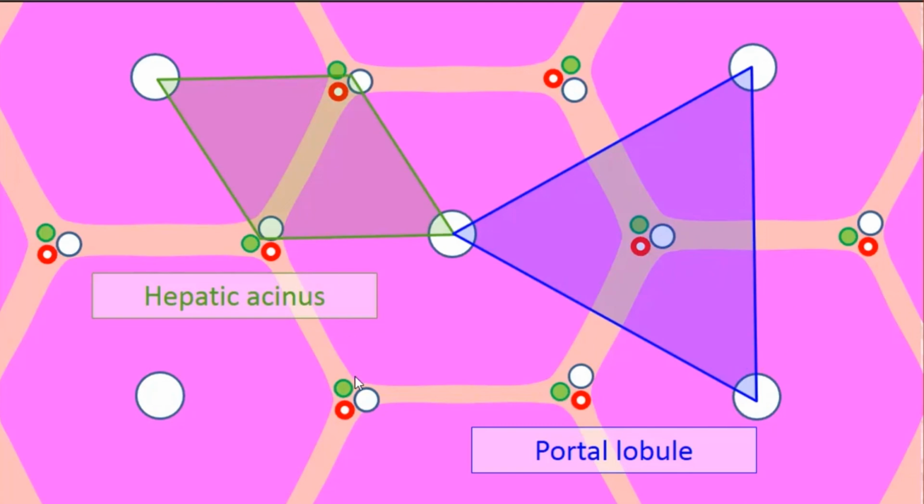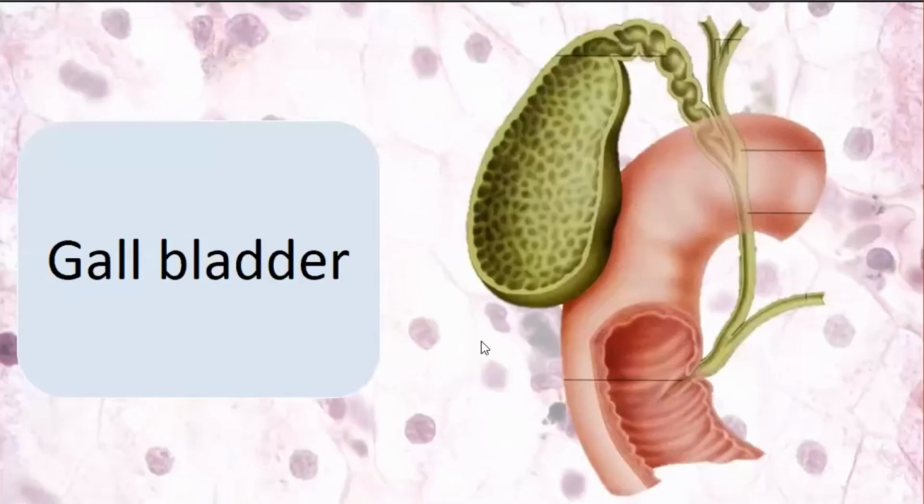So here we can see alternative structural and functional units of the liver, but usually we describe classical hepatic lobules, which are hexagonal in shape.